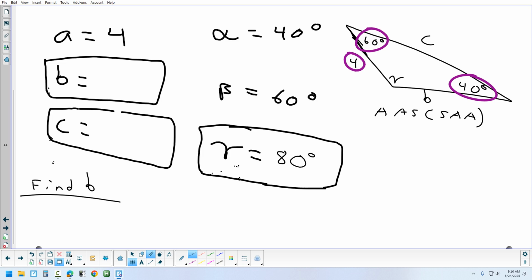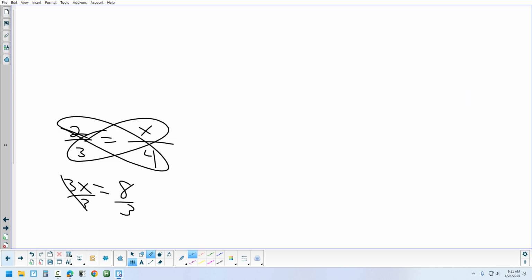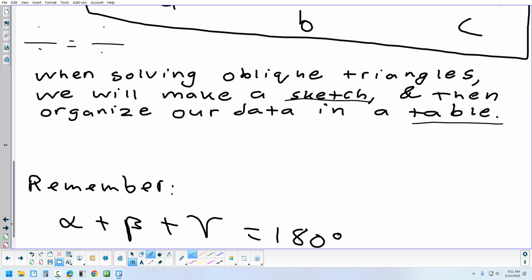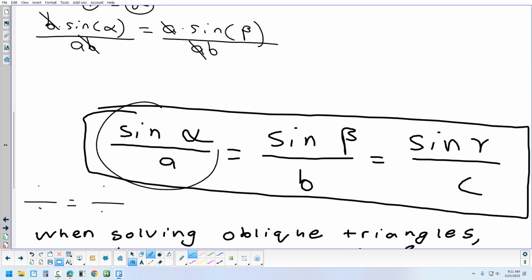So to find B, the first thing you do is look at your table and pick out the full row. In our case, the full row has an A and it has an alpha. So if you go back and look at your formula, you are definitely going to start with this part of the formula, sine of alpha over A, and we're going to fill that in.